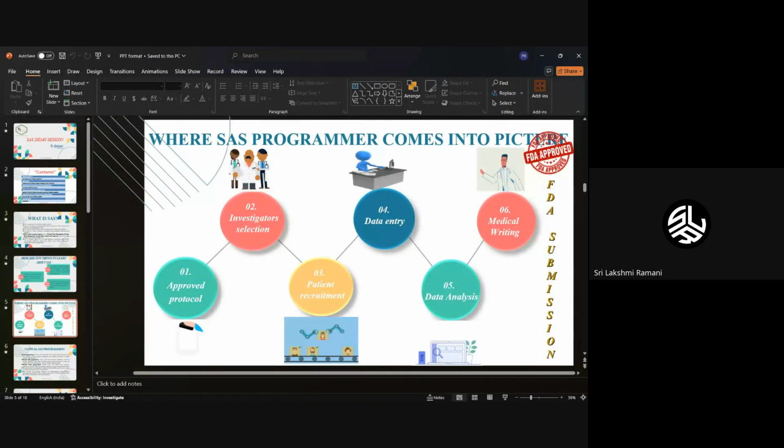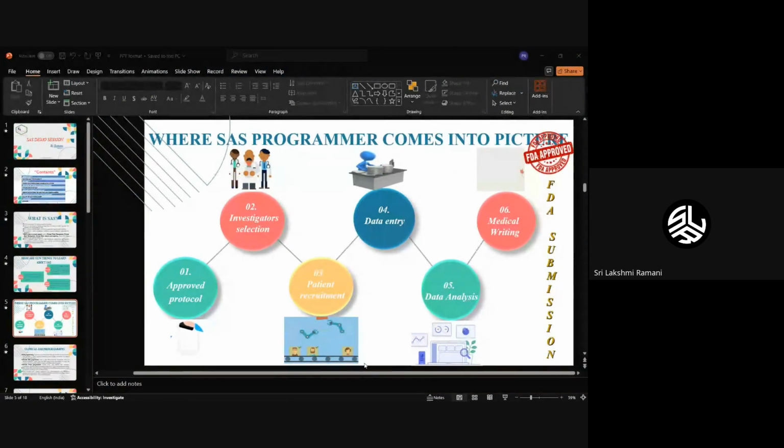Any queries on this? Because this is the main part. This FDA submission and FDA approval is the main part. In this part, does anyone have any doubts? You can raise your hands.